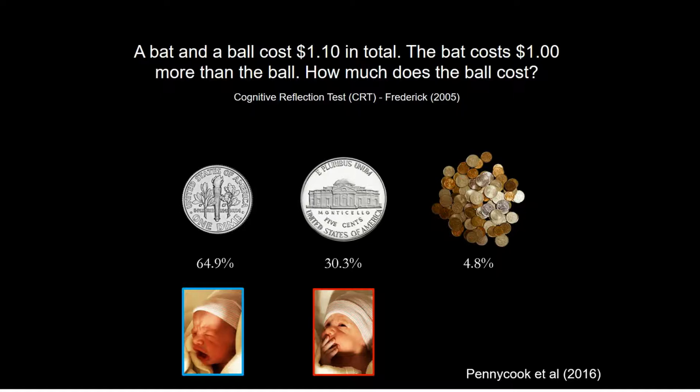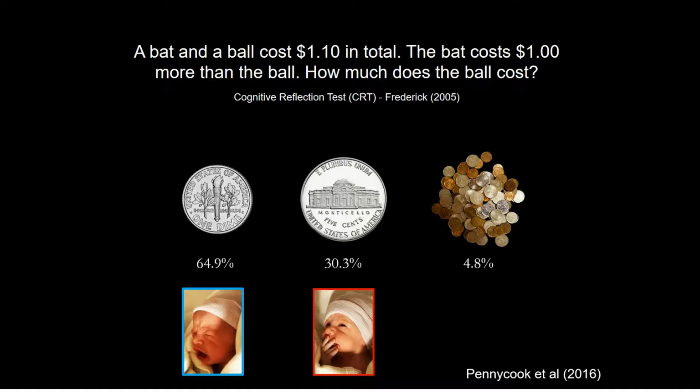But the point here is that the classical models of rationality and deliberativeness think everybody should just be like, oh okay, this is a math problem, let me do it and figure it out. But there's this very intuitive, compelling answer that automatically, effortlessly pops to mind.